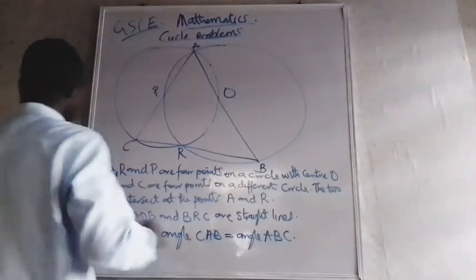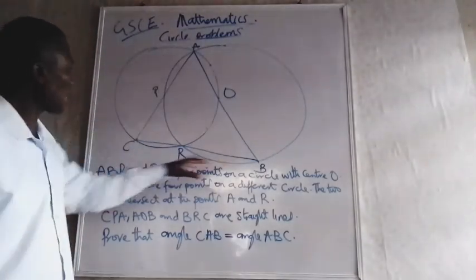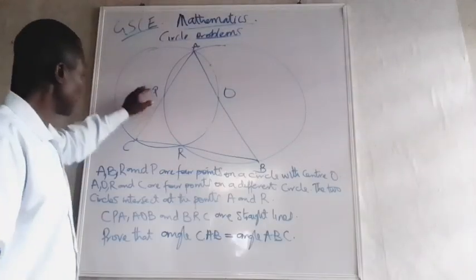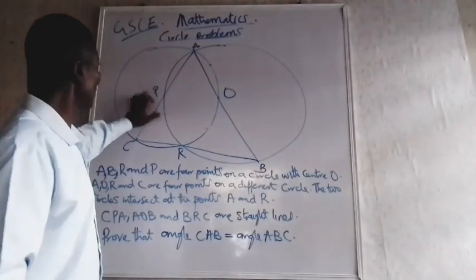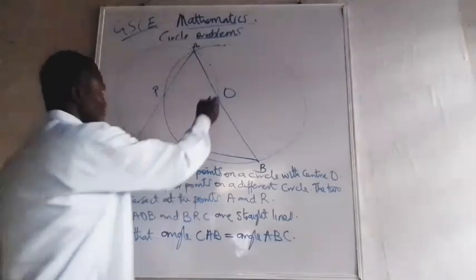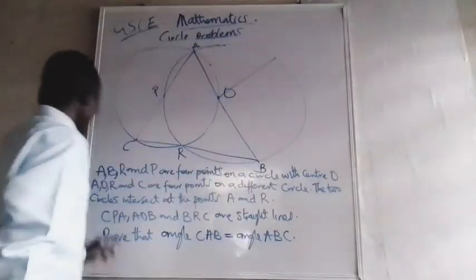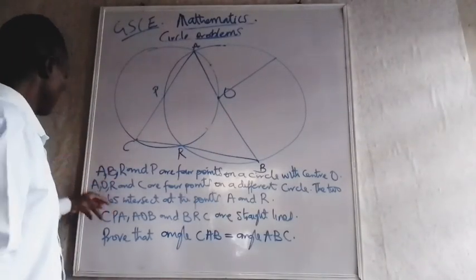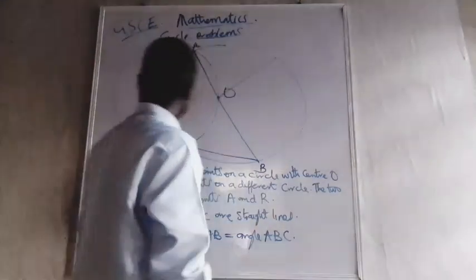Now let's quickly handle this. A, B, R, and P are 4 points on a circle with center O. So this is the center for this circle. Now, A, O, R, and C are 4 points on a different circle.